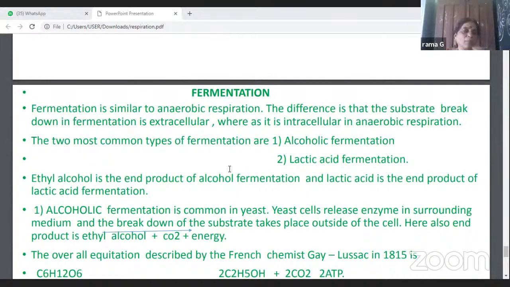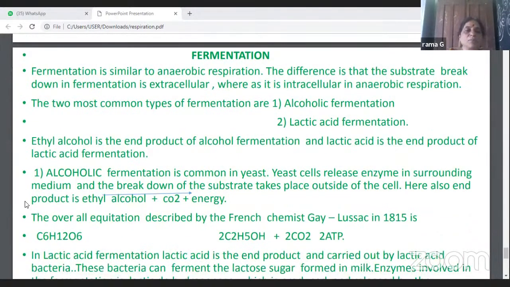There are 2 important types of fermentation: alcoholic fermentation and lactic acid fermentation. Ethyl alcohol is the end product of alcoholic fermentation, and lactic acid is the end product of lactic acid fermentation. So that is the difference.